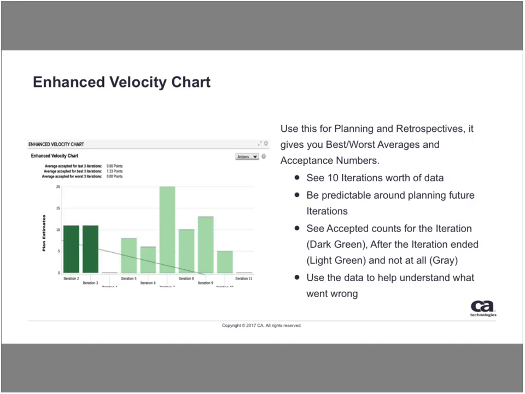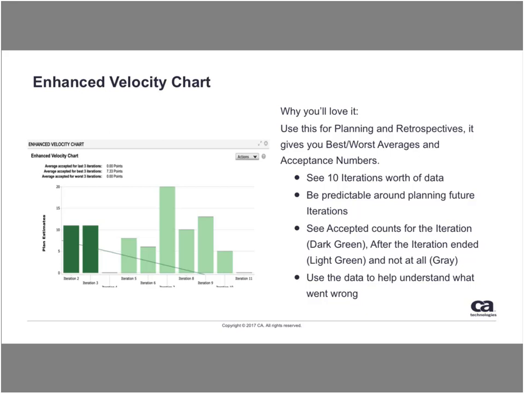And why this is useful is it not only shows the accepted user stories for the past 10 iterations for the current scoped project or team, but it also, based on the shading of the green on the bars, you can visually see were those points accepted before the end of that iteration, were they accepted after the iteration, or if you have a gray shaded area, those planned stories were never accepted.